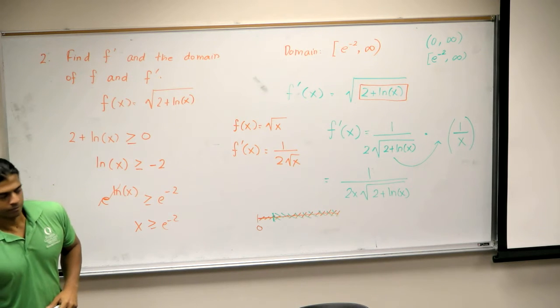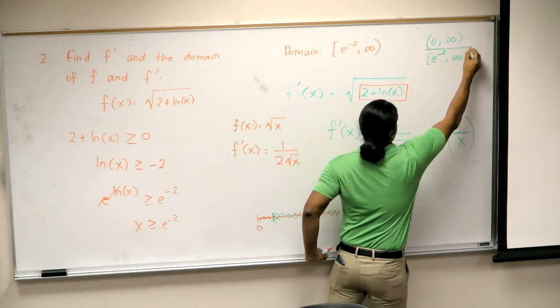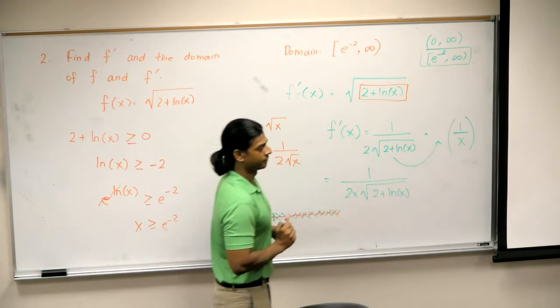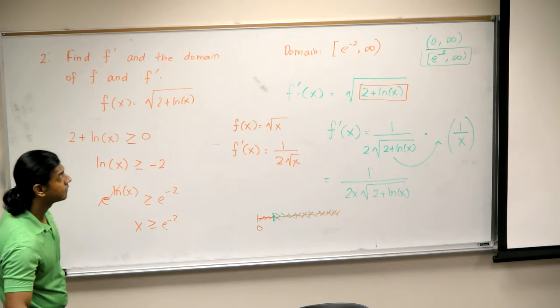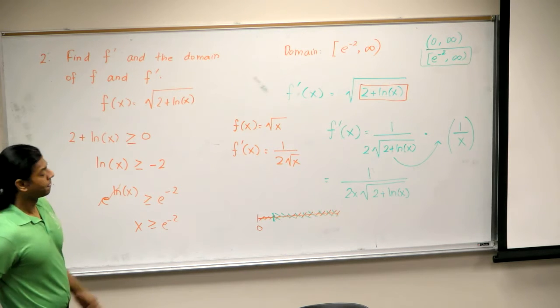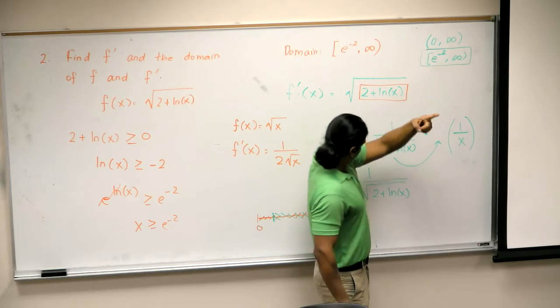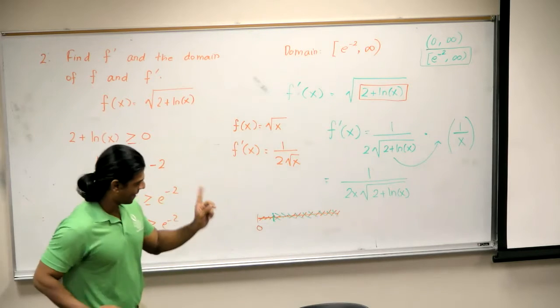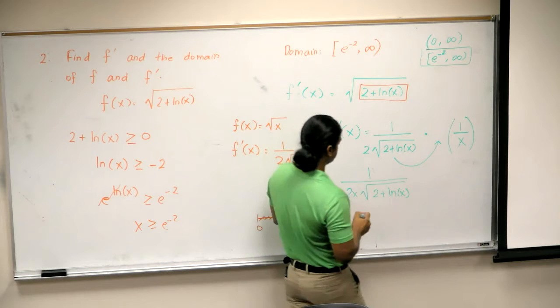Wait, what's the number? With the closed bracket? Because I can still plug in. Sorry, without the closed bracket, because you'll get 0 in the denominator.